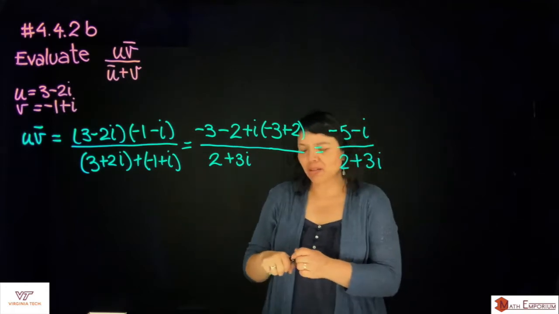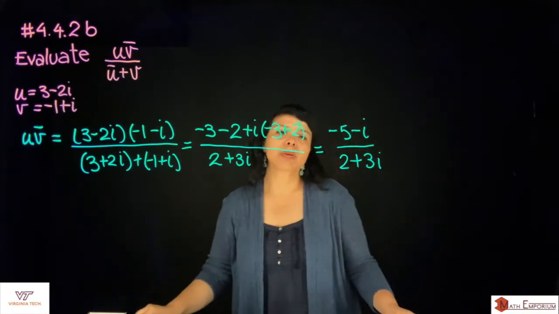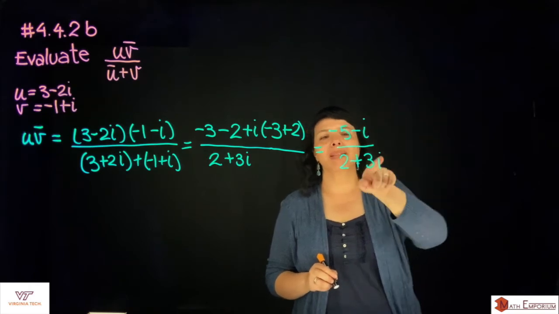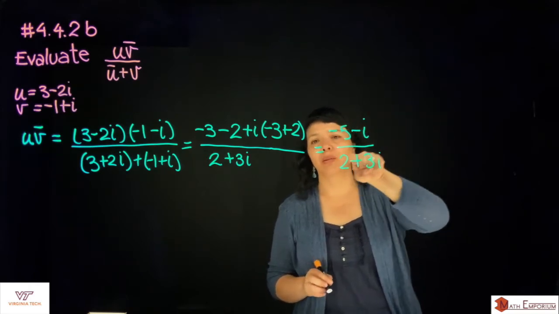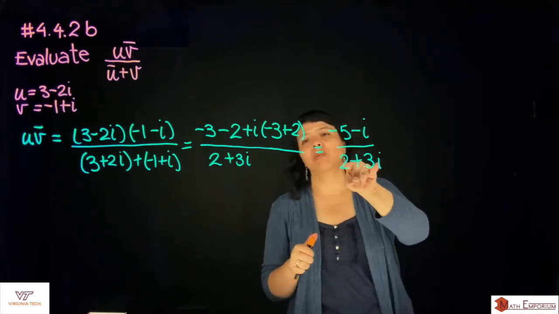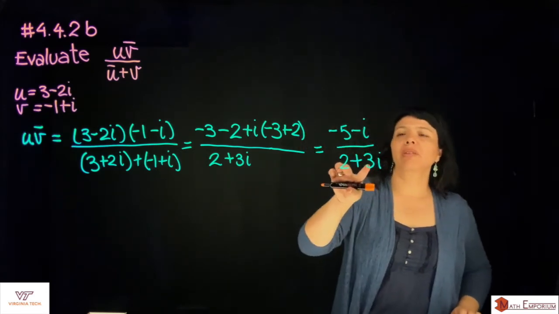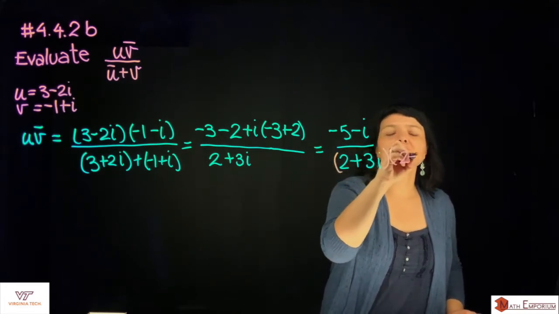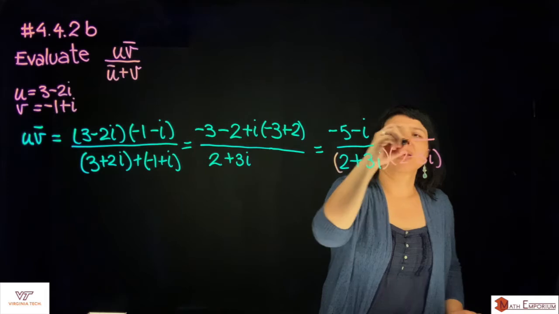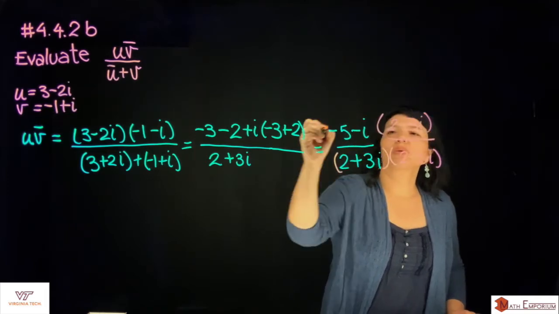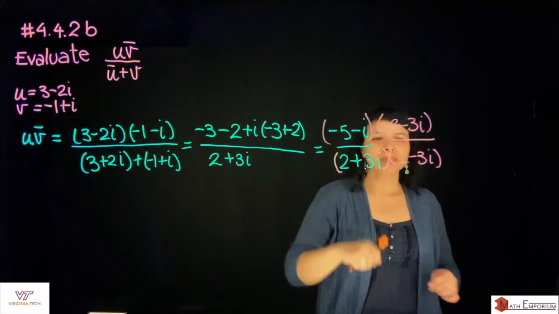And again, one of our key tools is I want to multiply times the conjugate of this in the top and bottom, so I can get a division by a real number. So I'm going to multiply this times 2 minus 3i and then 2 minus 3i, so I don't alter what we have.